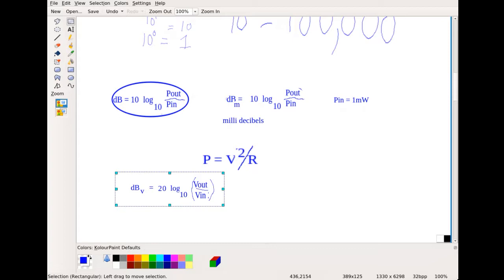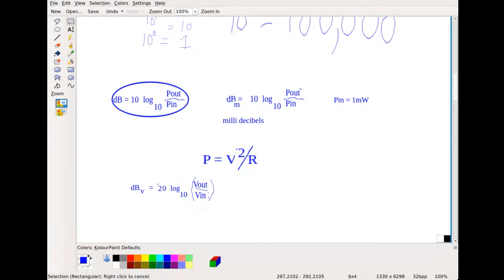All right, the advantage of this is we've used voltmeters. It's really easy to stick in a voltmeter and measure the voltage in and the voltage out, and then boom, we've got the decibels in voltage form.